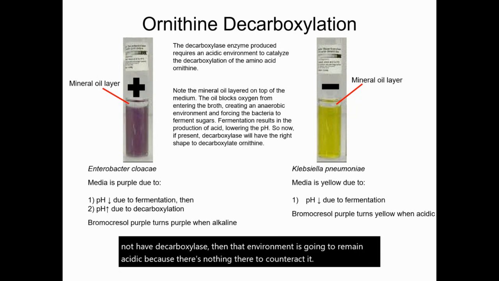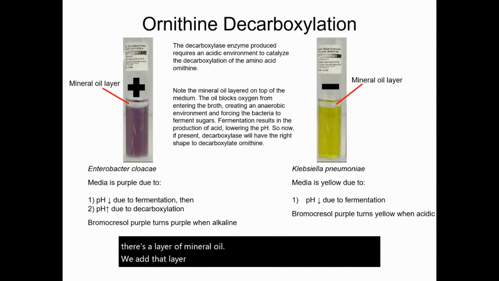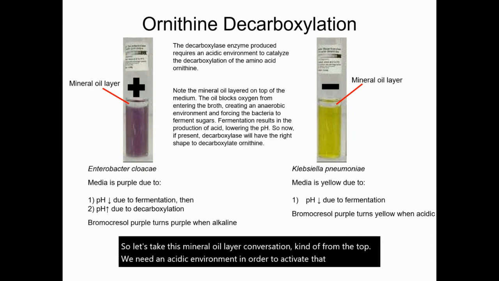So that's why on this media, you notice on the slide, I point out that there's a layer of mineral oil. We add that layer of mineral oil after inoculating these tubes in order to cause fermentation to happen. So let's take this mineral oil layer conversation kind of from the top. We need an acidic environment in order to activate that decarboxylase enzyme if it's present.